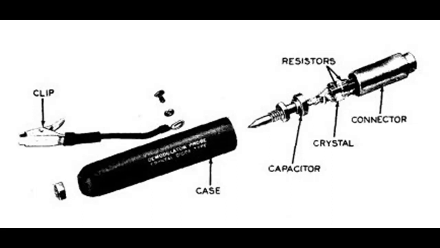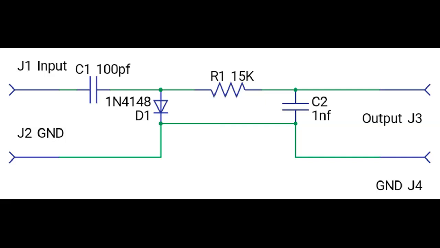And then I went and found another signal tracer that uses a JFET front end, and it had a probe based on this design with a 100 picofarad capacitor coming in, 1N4148 to ground, 15K resistor, and then a 1 nanofarad to ground.